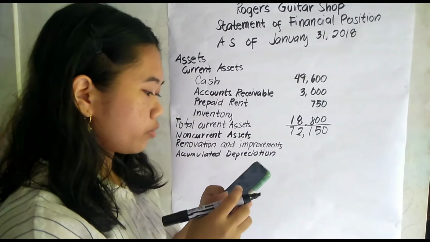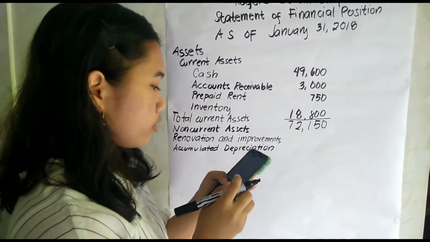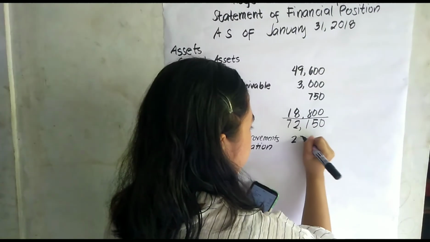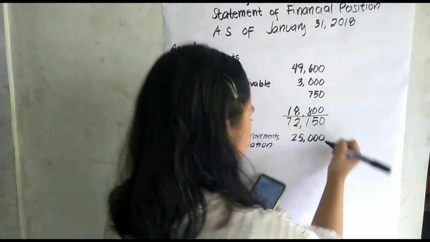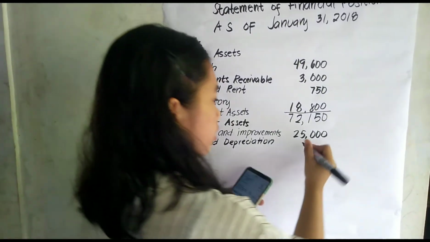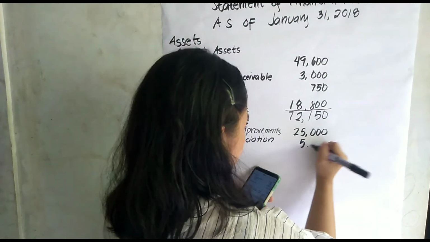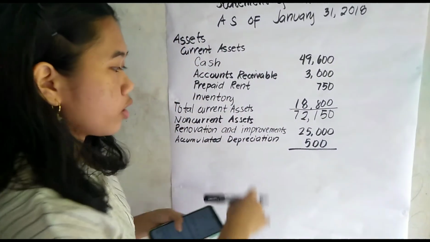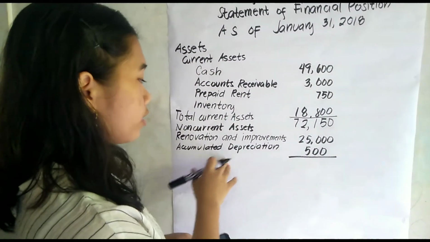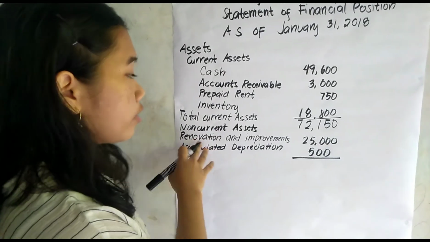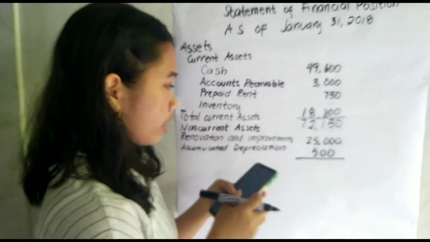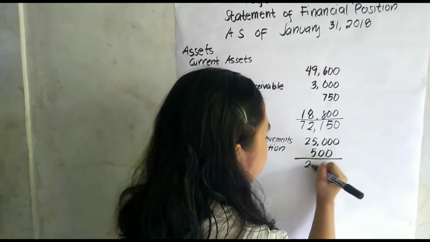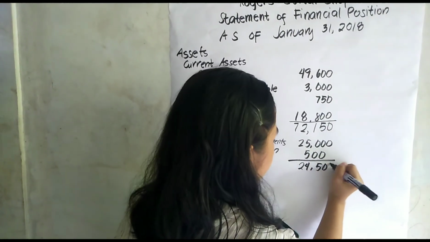The amount of renovation and improvements is 25,000. Accumulated depreciation 500. Next is we have to deduct the accumulated depreciation from the renovation and improvements, and the answer would be 24,500.